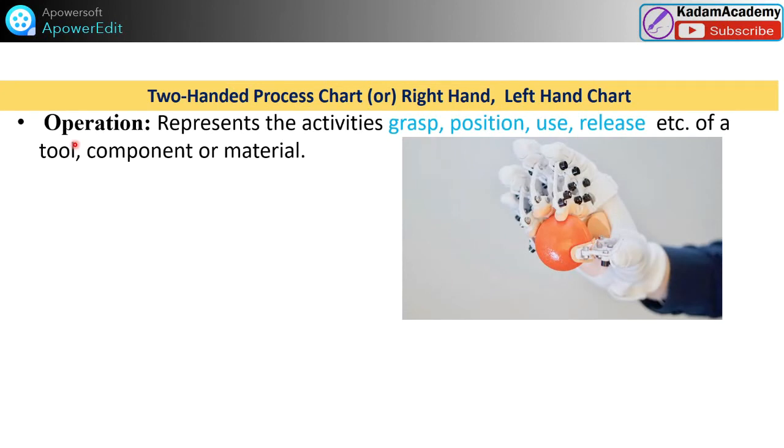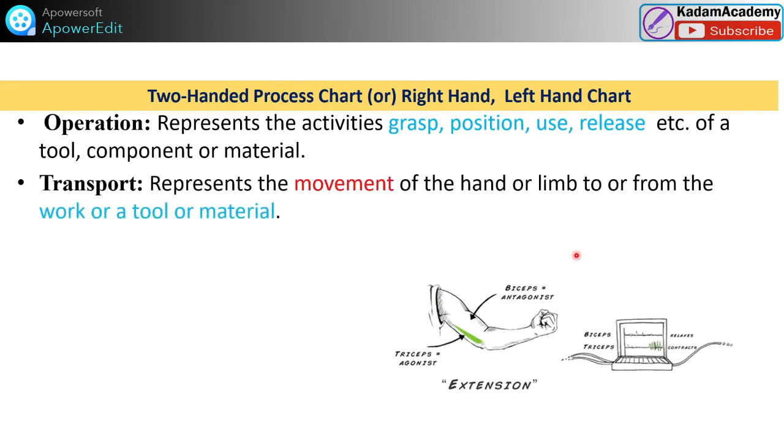In the two-handed process chart, whatever the operation process symbols or method study symbols we studied, here the operation symbol represents what purpose? The hand is shown to you here: how the hand grasps, positions, uses, releases the material or product, piece, tool or component. That is the operation.